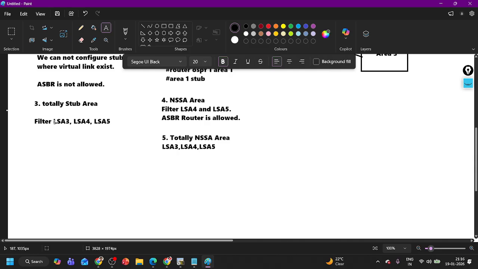When you implement these areas, there are some small concepts which you need to understand. Sometimes you will see translation, right? Some router is going to translate LSA 7 into LSA 5, or there is a default route information feature to advertise default route in any stub or NSSA area for reachability.